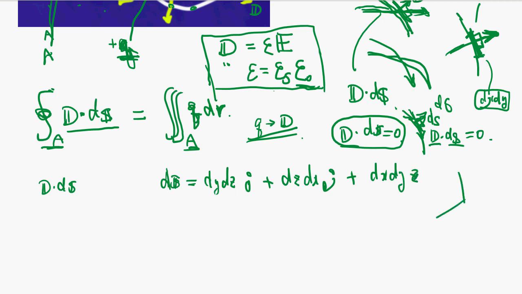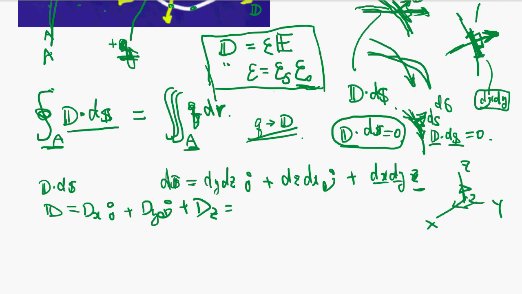For example, x, y, z, right? You have three different directions, unit vectors, and D is going to be Dx i plus Dy j plus Dz k. Sorry, this is k, right?